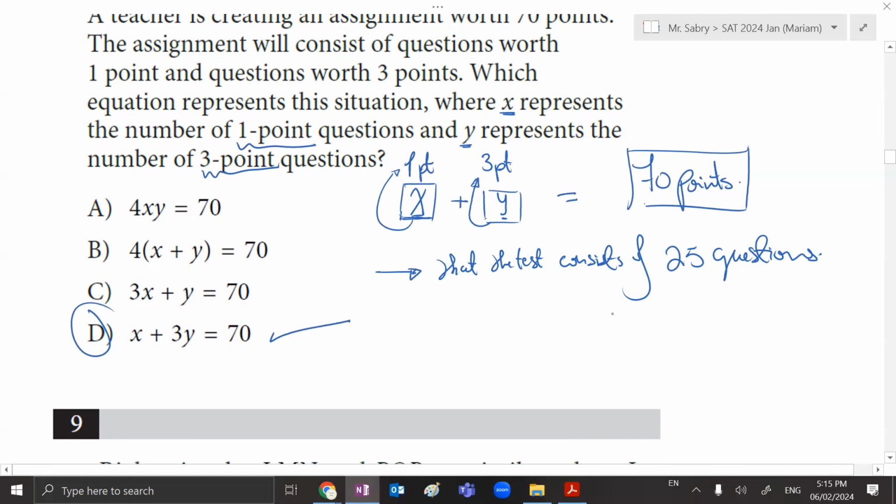It's the same thing, but we just changed 70 to 25. If I add the number of questions worth 1 point plus 3 times the number of questions worth 3 points, that would not give me the total points. Instead, it would give me the total number of questions.